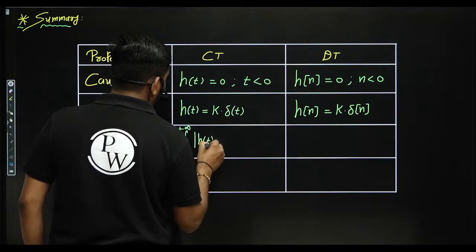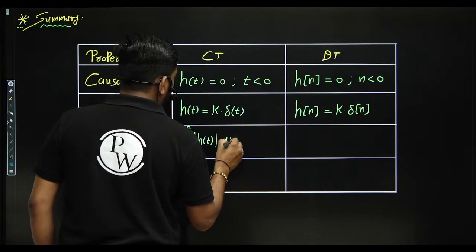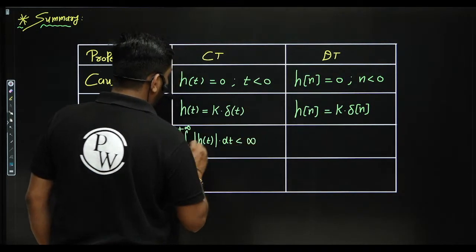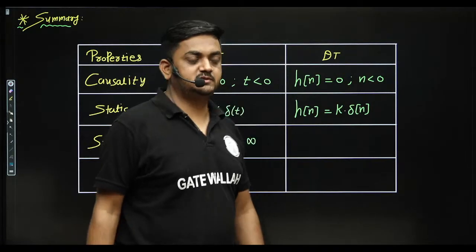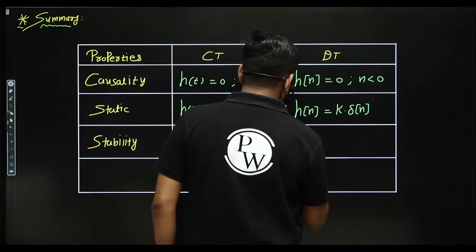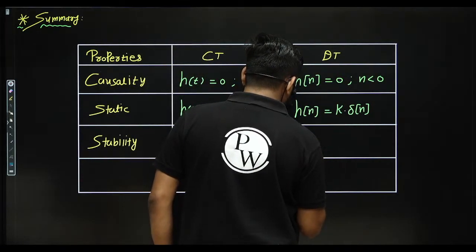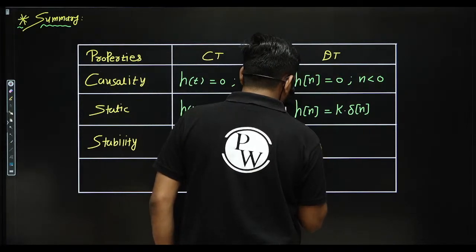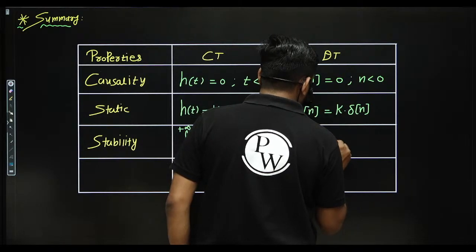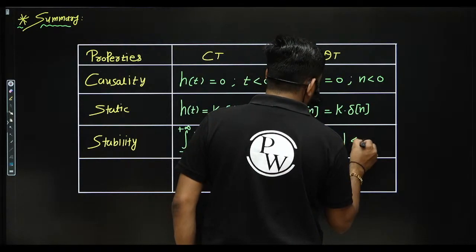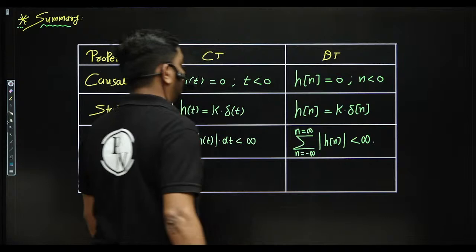If the impulse response is absolutely integrable, then the given LTI system is said to be stable, and here absolutely summable: sum over n from minus infinity to plus infinity of mod h of n is less than infinity.